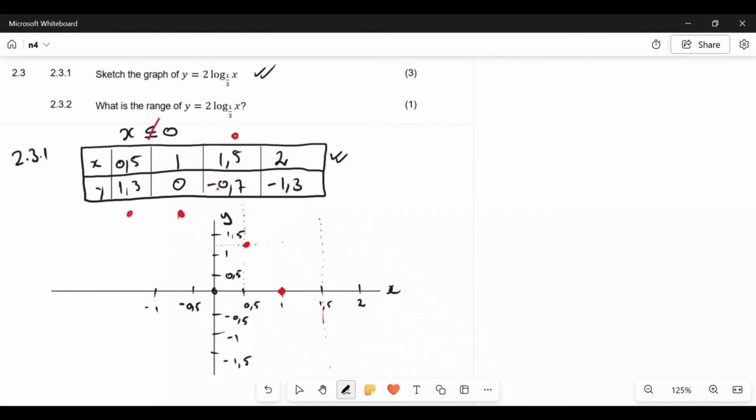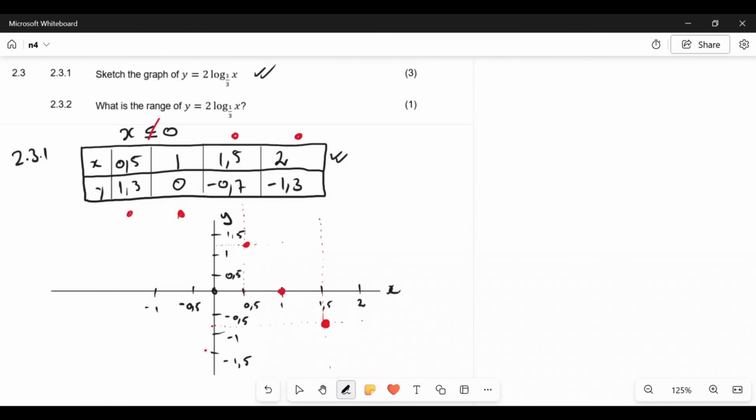Our y is negative 0,7. Negative 0,7, if you can see on the y-axis, it's supposed to be in the middle between negative 0,5 and negative 1. So if I take a ruler, draw a line like this, and there is our point there. And then the last point, it goes like this. When our x is 2, our y is going to give us negative 1,3.